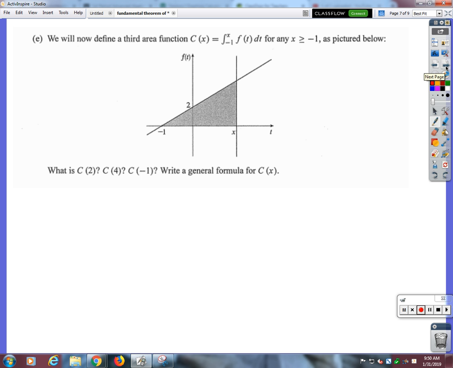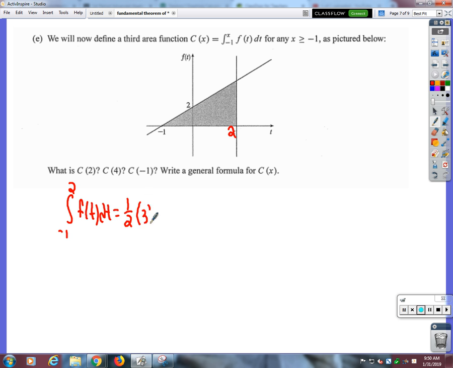This time we're going to go into the negatives. First of all, what is c of 2? In other words, what is the integral from -1 to 2 of f of t dt? So I'm going to make this a 2. What's the base? 3. I guess it's a triangle, so I have to go 1/2.